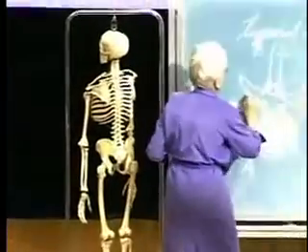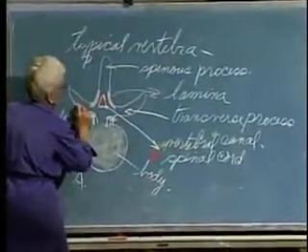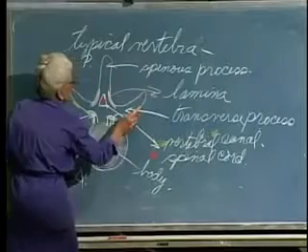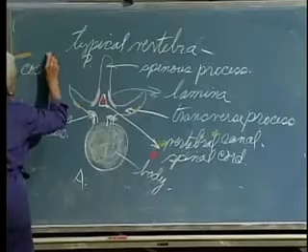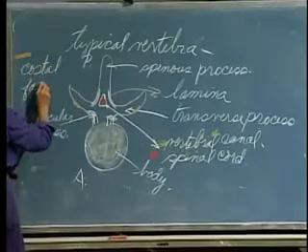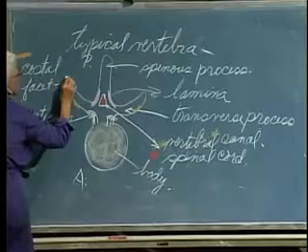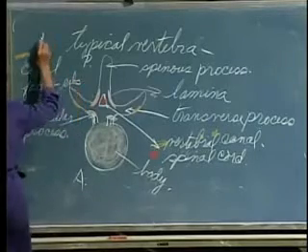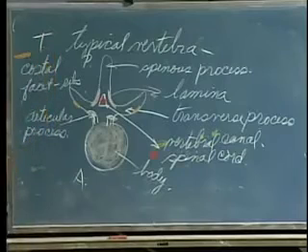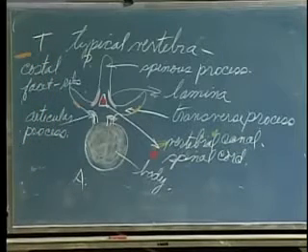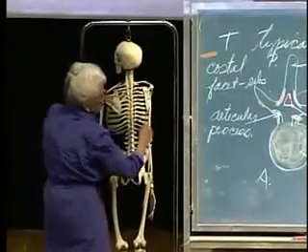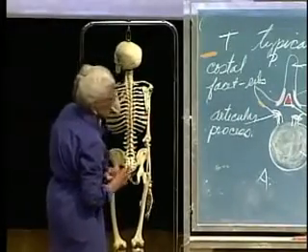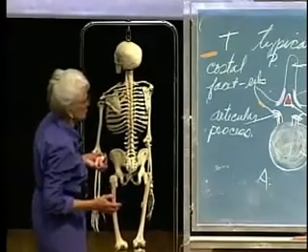So we'll have a costal facet for ribs, and that will be in the thoracic area because we see that the ribs are coming around, articulating with the transverse process here as a costal facet. So that gives us a basic, typical vertebra.